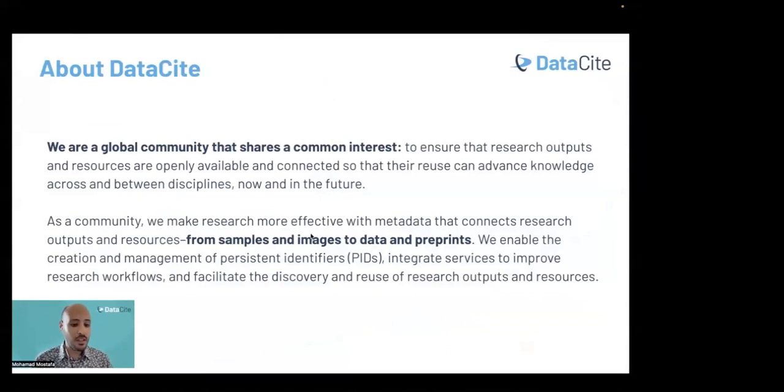And when we talk about research outputs, we mean all research output, from samples and images to datasets and preprints. We also enable the creation and management of persistent identifiers. So we are a DOI registration agency. We also provide integrated services that can improve research workflows and facilitate the discoverability and reuse of research output and resources. We are a non-profit organization based in Germany, and we were founded in the year 2009 by and for the research community.